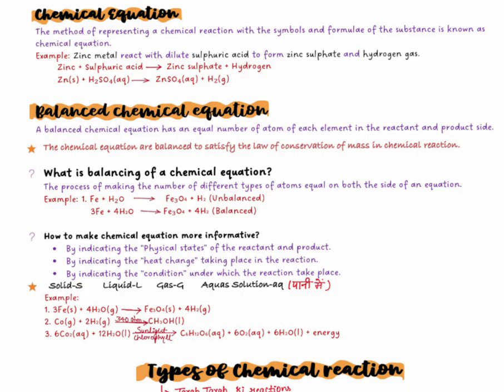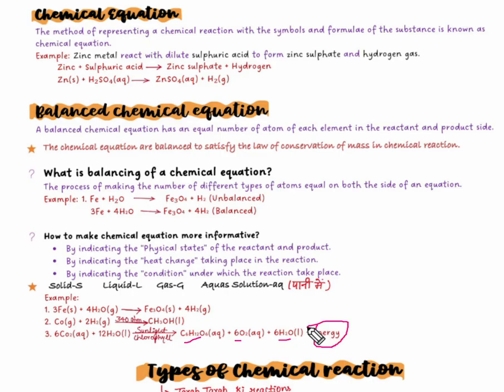The third reaction is the reaction of photosynthesis, in which plants use carbon dioxide and water as raw material, taking sunlight and in the presence of chlorophyll pigment, they form glucose, oxygen, water and release energy.